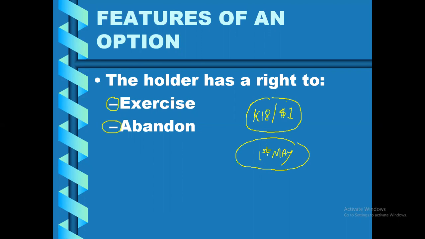Now, you're on 1st of May yourself, you have decided to wait. You go in the market, scenario A: the rates now are 20 kwachas. So in the open markets, the rate is 20 kwacha. What do you do? You exercise your option, because you have a right to buy your dollars at 18 kwacha.